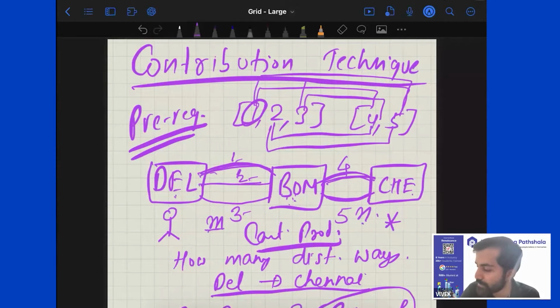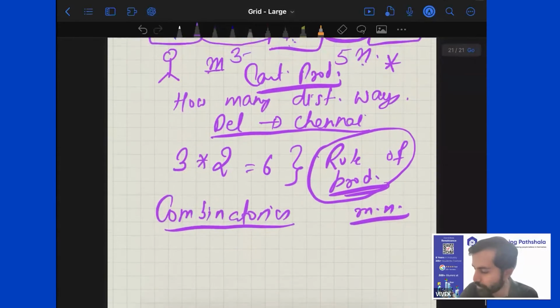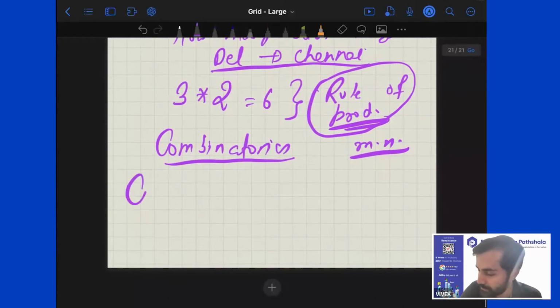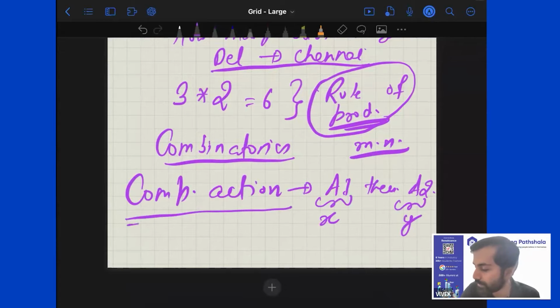So for all the M roads, total number of choices will be M into N. So, the basic thing is that if you are performing any compound action, which is accomplished by performing action 1 and then action 2, and if for performing action 1 there are X different ways, and for performing action 2 there are Y different ways, then total number of ways for performing this action will be X multiplied by Y.